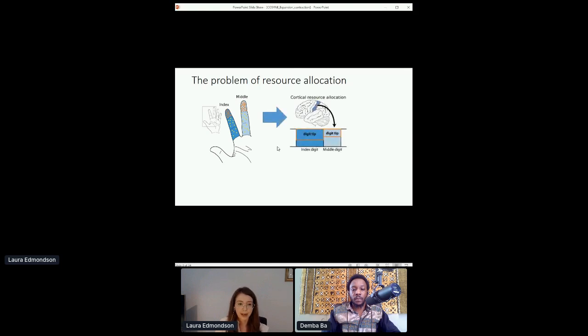How might we then allocate the resources that we have to the 2 different digits? Maybe because our index digit is a lot more active, we might allocate more resources here, shown in the dark blue, to this digit, whereas the middle digit is activated less, so maybe we offer less resource allocation. In terms of the density, because there are many more receptors there, we might offer more allocation to these, as shown in the orange.